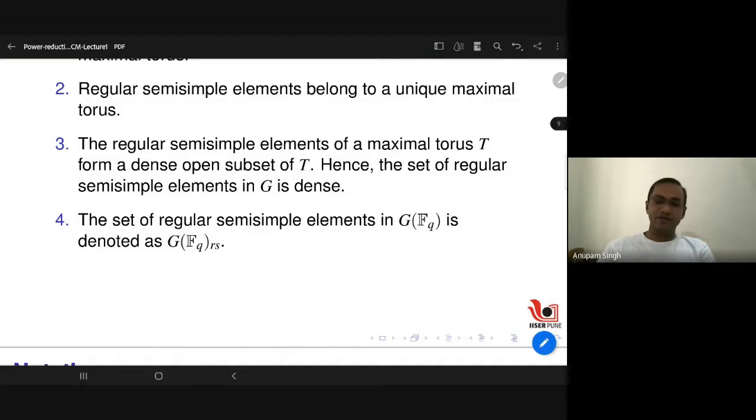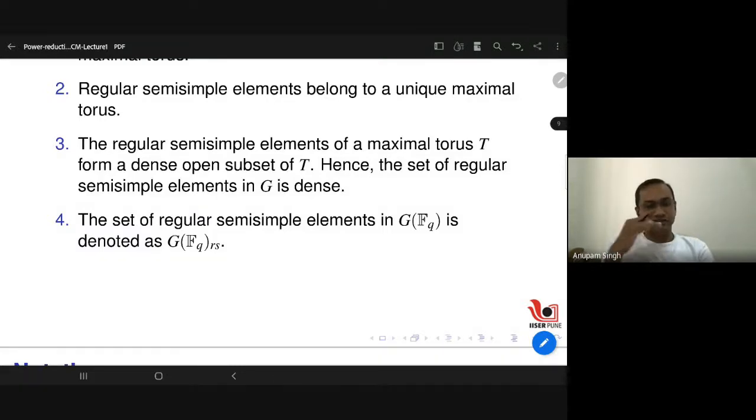The regular semi-simple elements of a maximal torus T form a dense open subset of T. Even if I look at one maximal torus and at the regular semi-simple elements inside that T, they form a dense open subset of that T. Combined with the fact that semi-simple elements are dense, it will also prove that regular semi-simple elements are dense in G. I will try to give a proof of a version of this statement over a finite field.